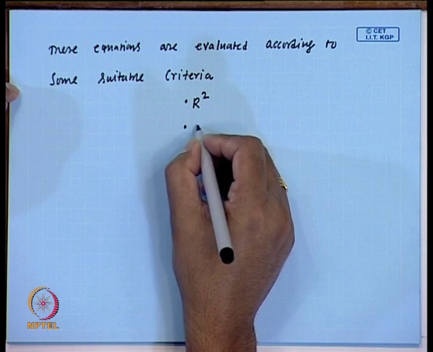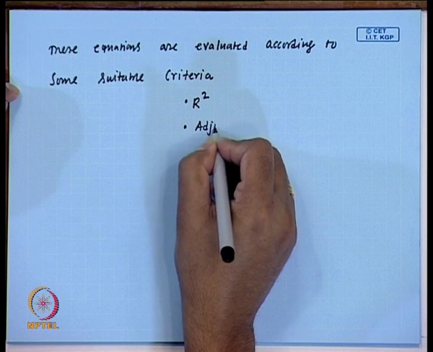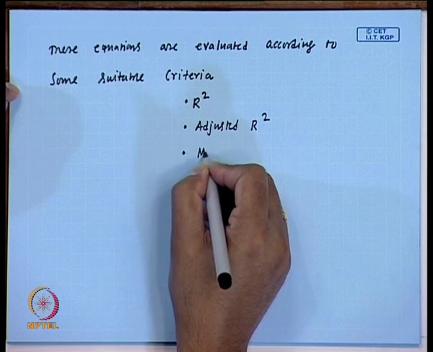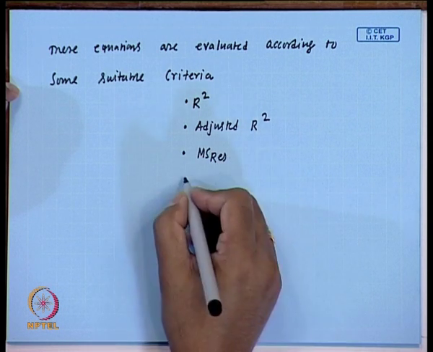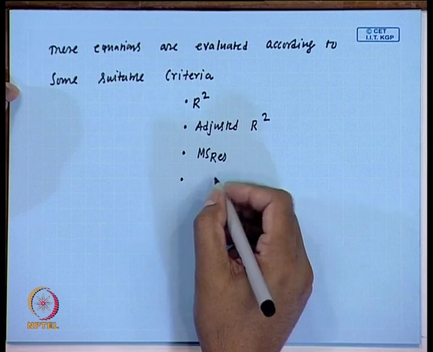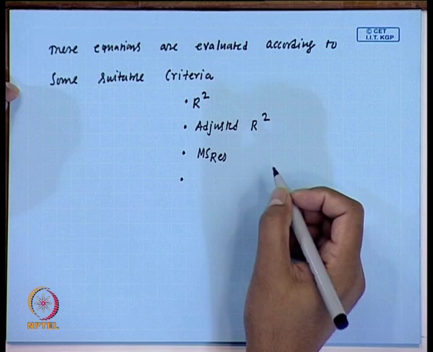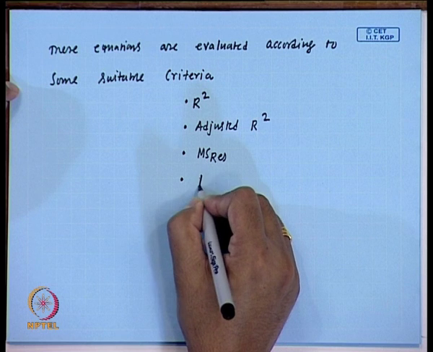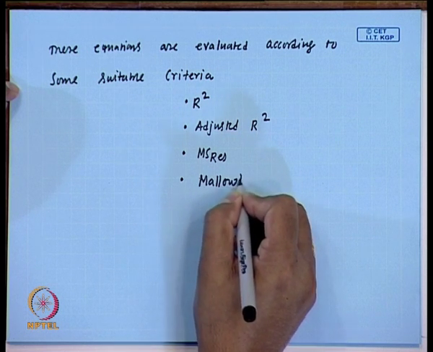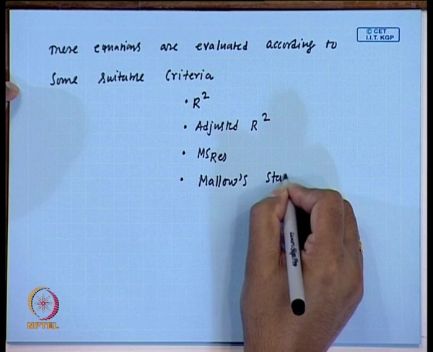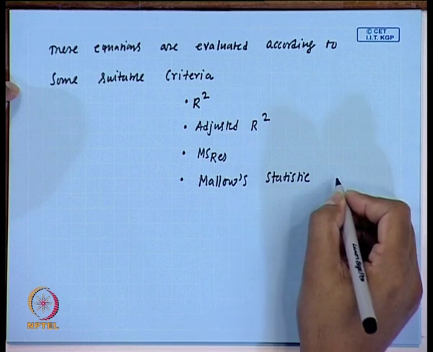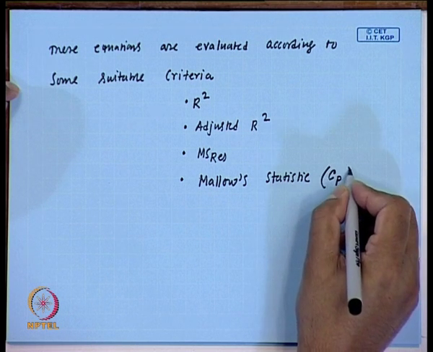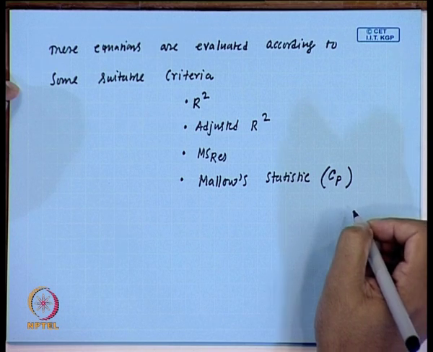Then we will be talking about the adjusted R square, and then MS residual. Finally, we will evaluate the equations based on the criterion Mallow's statistic, which is denoted by Cp.